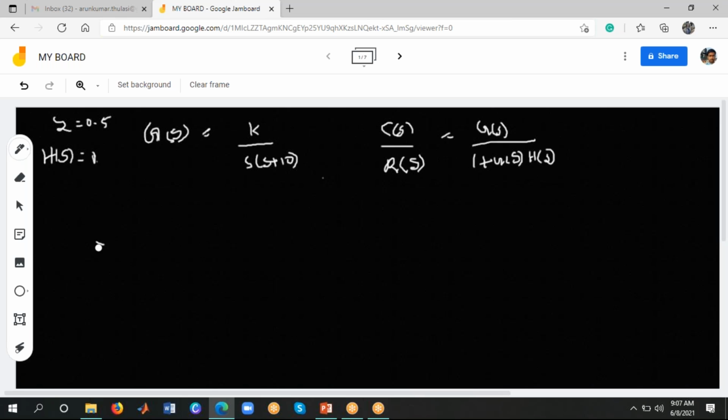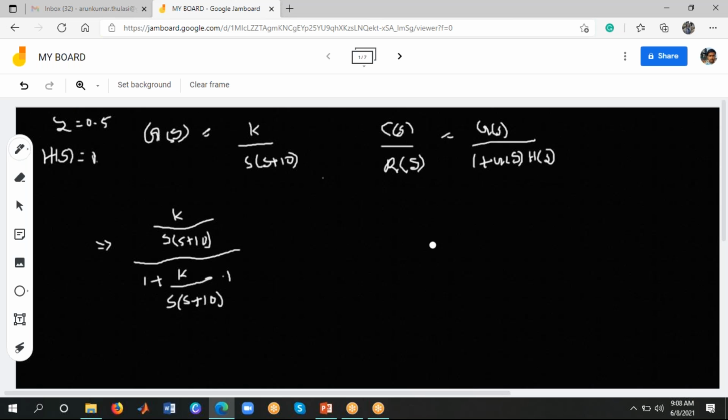In G of s place we can substitute K divided by s into s plus 10, divided by 1 plus K divided by s into s plus 10, into 1. So H of s value is 1, right?